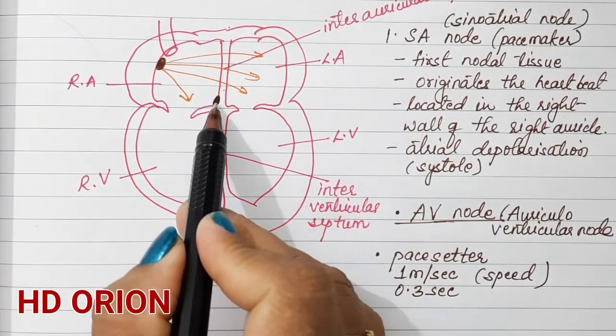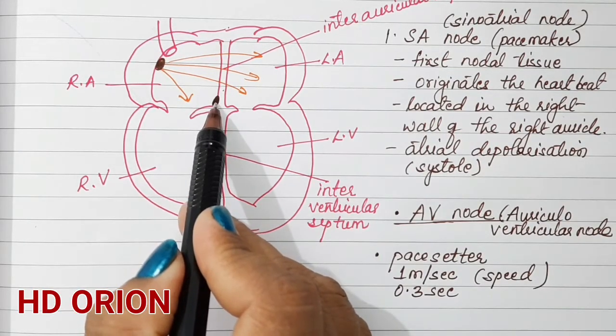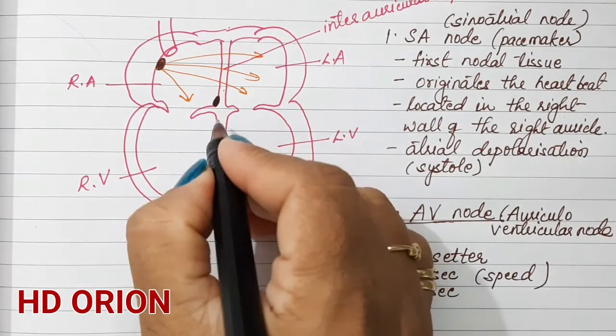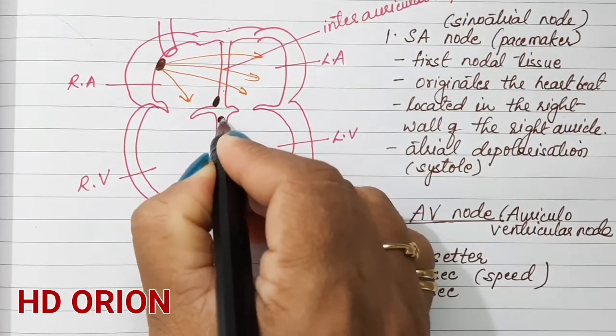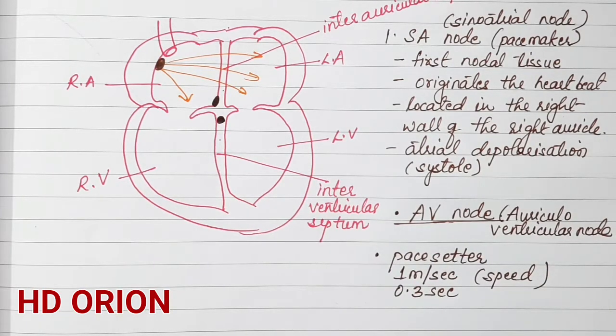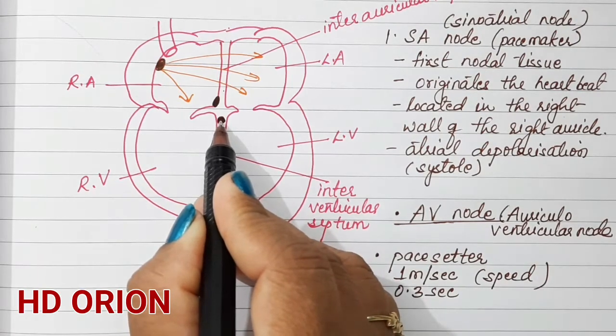Now the AV node gets activated by receiving this impulse. From here there is another tissue which is present and is known as the AV bundle. As I said, the third nodal tissue is the AV bundle, which is also known as the bundle of His.